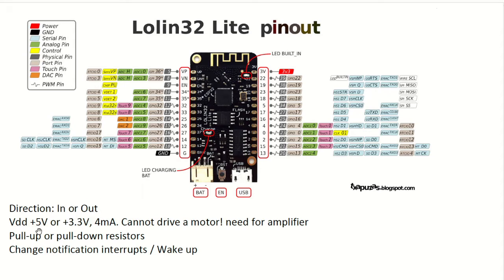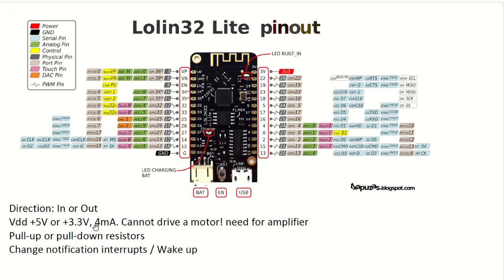Depending on the microcontroller, its VDD voltage, is it 5 volts or 3.3 volts? And if you use it as an output, it cannot drive directly a motor. You need an amplifier because its output current is limited.